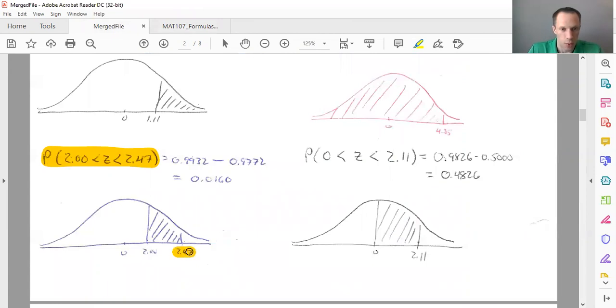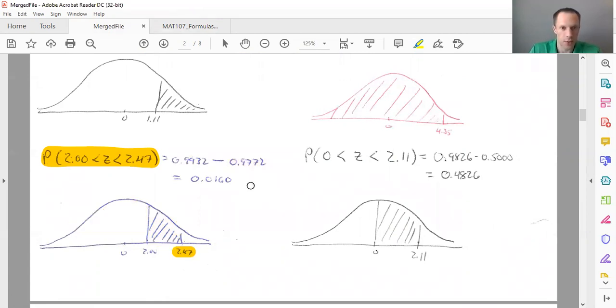Okay, so we look up the 2.47 first, and we got 0.9932. Now remember, that was this shaded portion plus this unshaded portion. We want to subtract that unshaded portion, which is everything to the left of 2.00, which, if you remember, was the 0.9772.